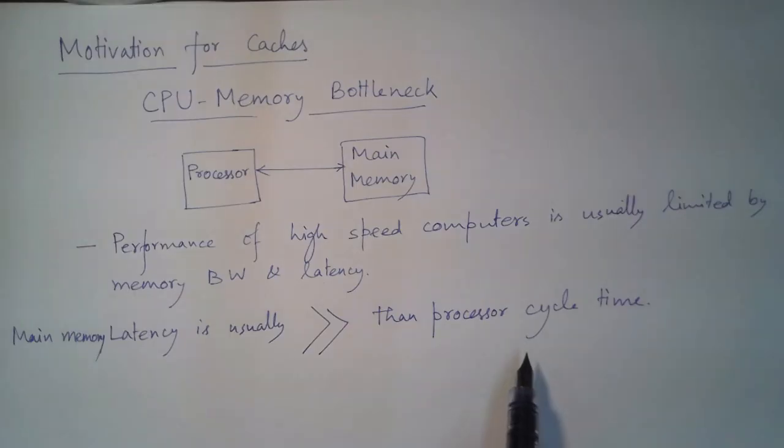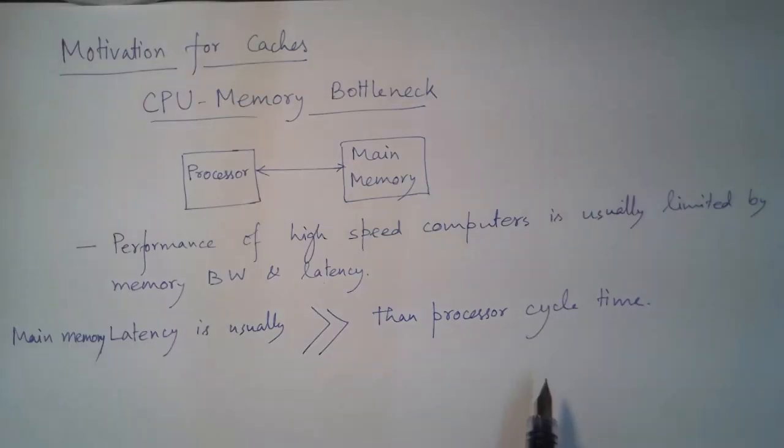If the processor runs at a clock speed of, let us say, 4 gigahertz, memory will be running at a much lower speed. In our subsequent discussion, I will show you some trends of how the processor and memory have evolved in terms of performance to make this point clearer. Okay.